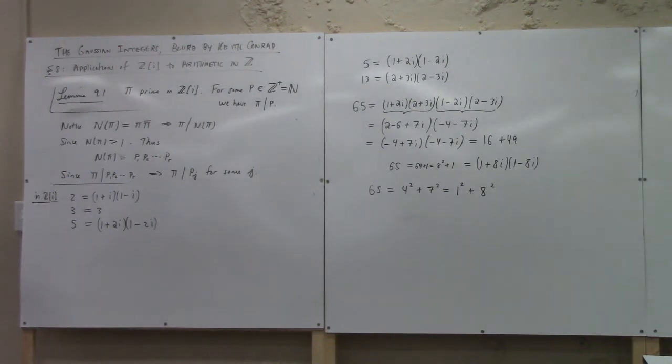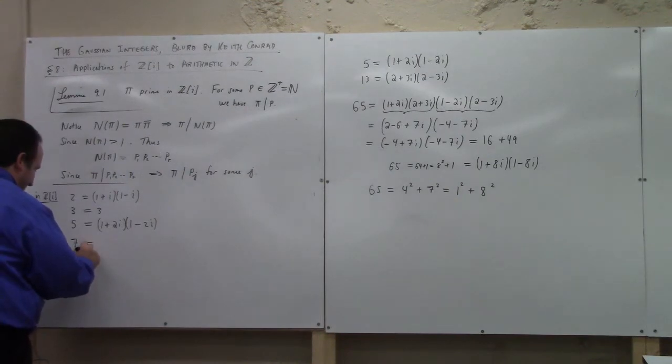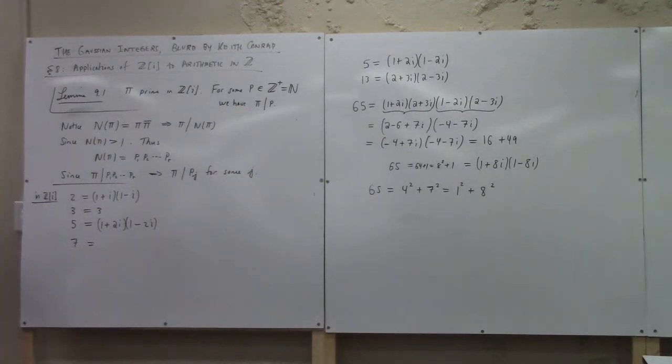How about 7? You're like, yes, please do my homework, right? Is 7 prime in the Gaussian integers? There's no way to write 7 as a sum of 2 squares.